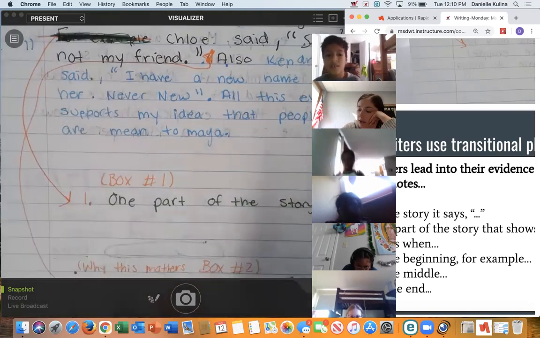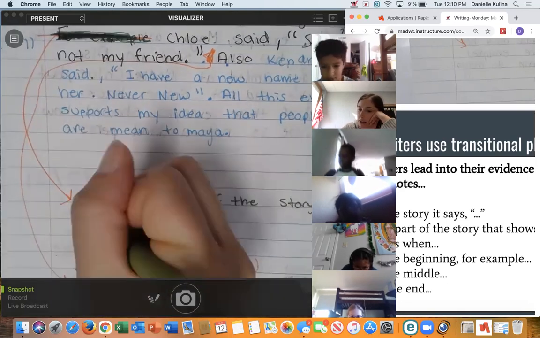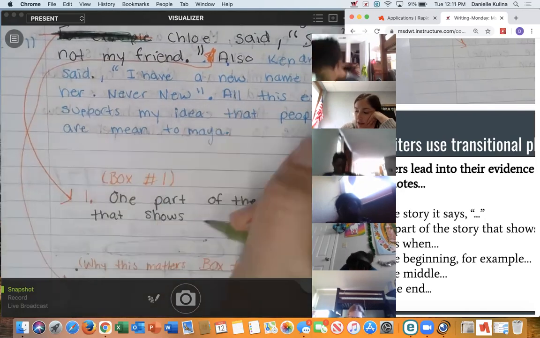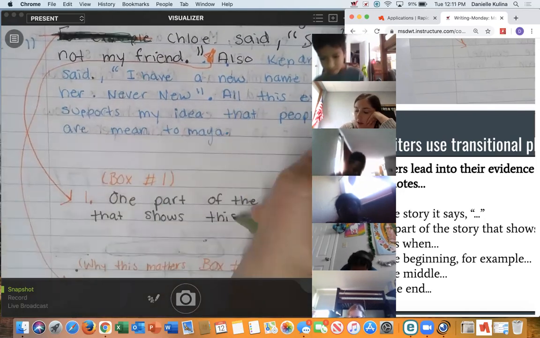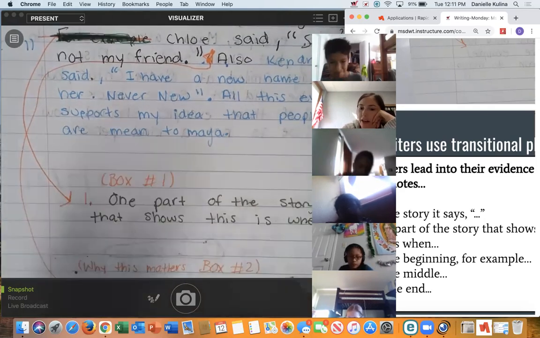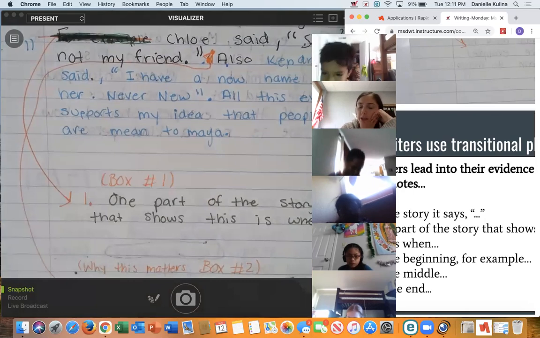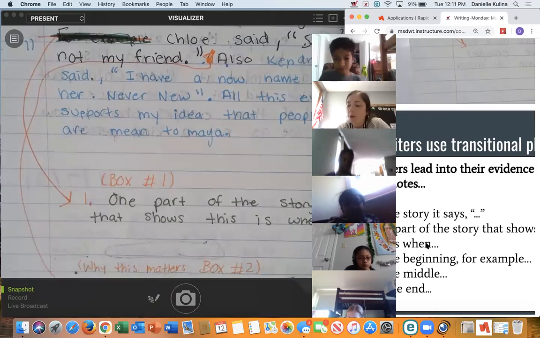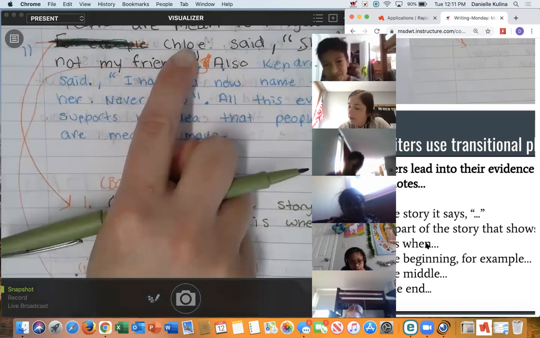One part of the story that shows this is when. Okay, so there's my new phrase. And I found it in this box number 1. We all should be looking at the screen. I found it in this box number 1. One part of the story that shows this is when. And then I'm just going to write exactly what I have.